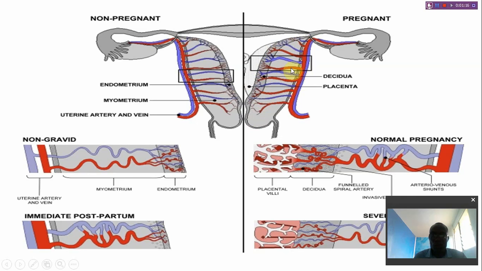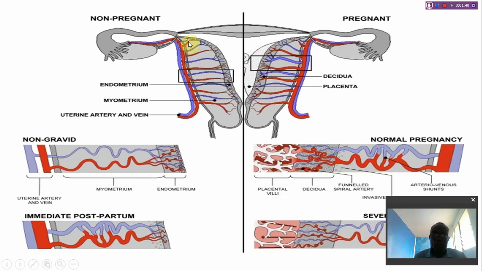The lacunae is dilated. You can see a lot of blood oozing into the myometrium to support the growing baby, and this is going to be kept in the developing placenta, through which the umbilical cord vessels are connected to make the baby grow better.